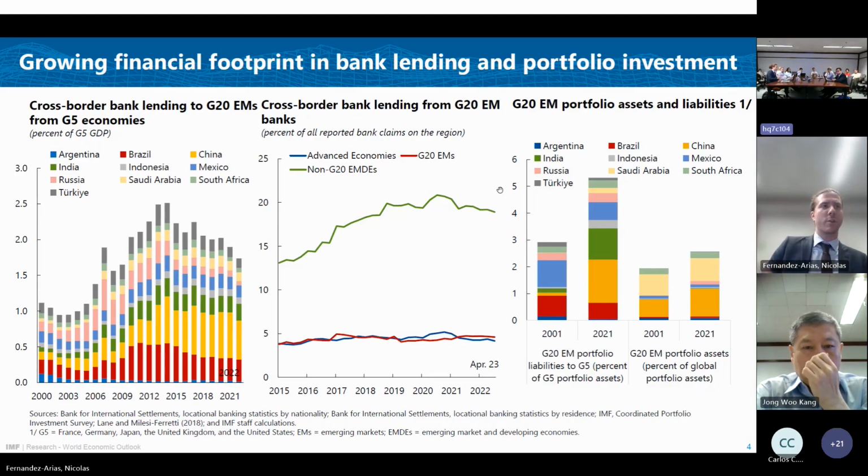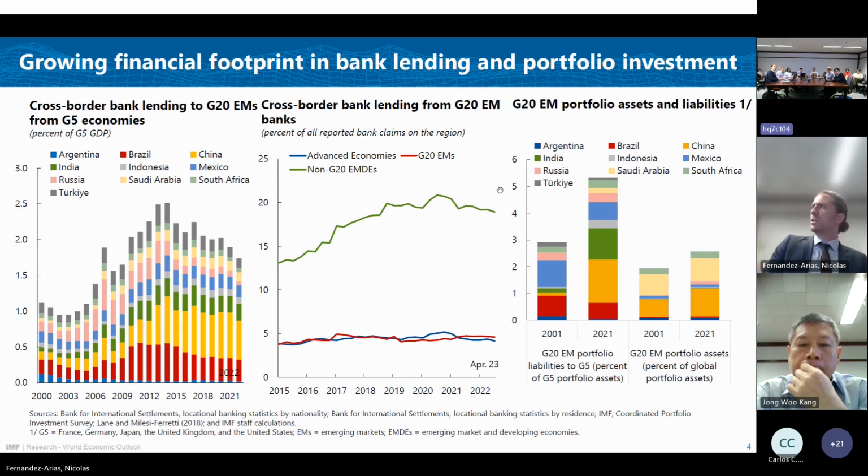This is consistent with other evidence documented about the rise of Chinese banks and more generally increasing south-to-south financial flows. We also look at portfolio assets and liabilities in the right chart. So FDI and bank lending, and with portfolio assets and liabilities a similar pattern emerges.